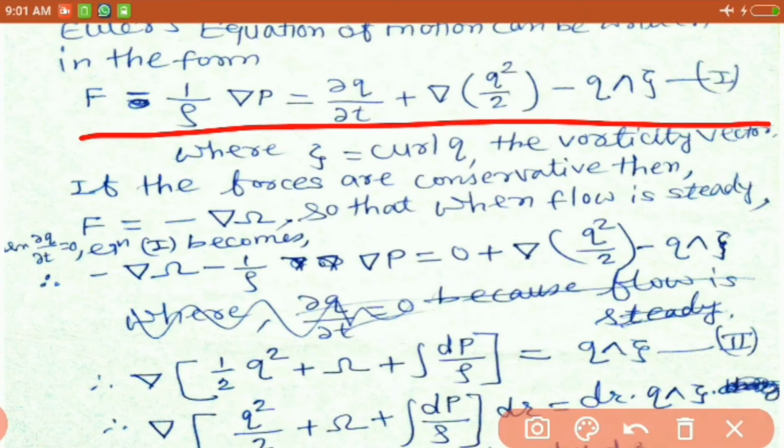F minus 1/ρ ∇p is equal to ∂q/∂t plus ∇(q²/2) minus q × ζ, where this ζ is curl q, and that is the vorticity vector also.